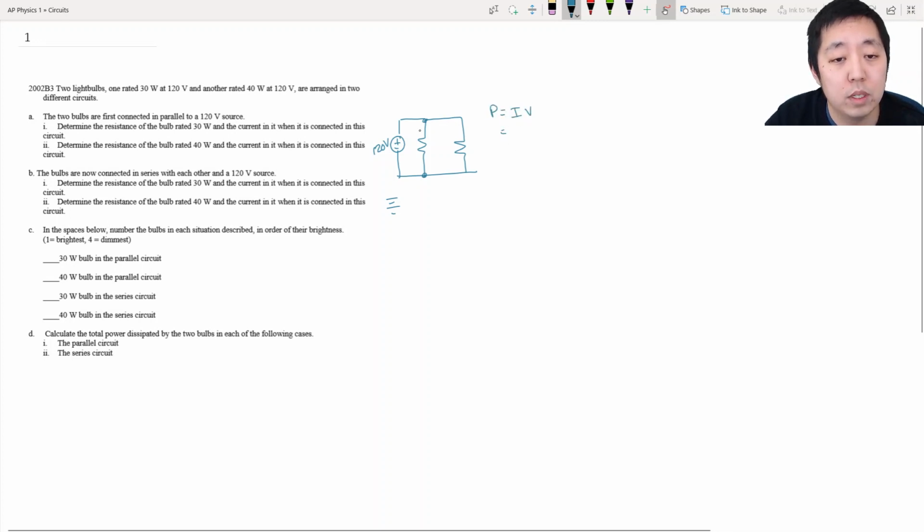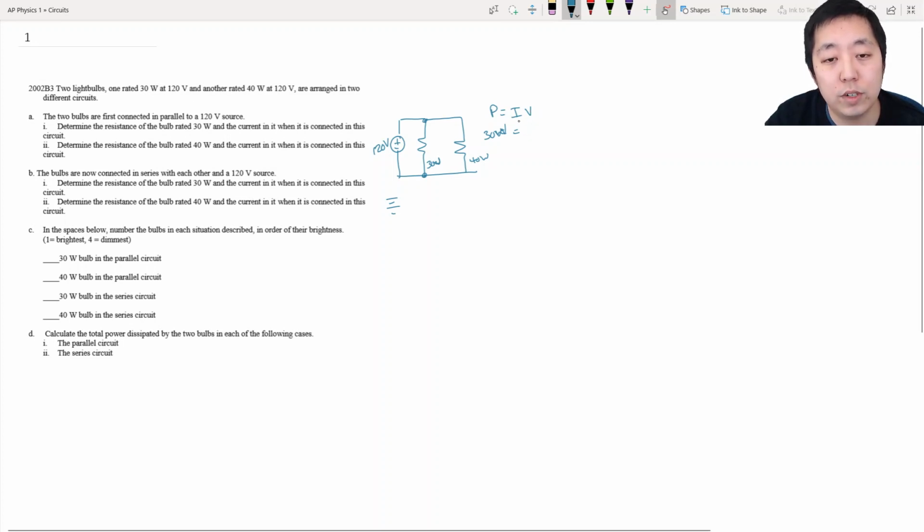Now, for this, let's say this is the 30 watt one and this is the 40 watt one. So we know that it's 30 watts for this one, for example, and the voltage across it in this configuration. Power is current times voltage.